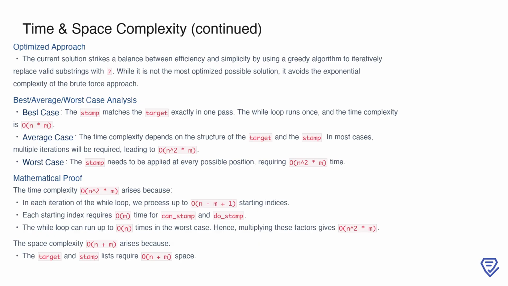Here, the outer while loop runs up to O(n) times, processing up to O(n - m + 1) starting indices in each iteration, and each operation takes O(m) time, which results in the same O(n² * m) complexity. This complexity arises from the combination of the while loop, the for loop, and the can_stamp and do_stamp operations.